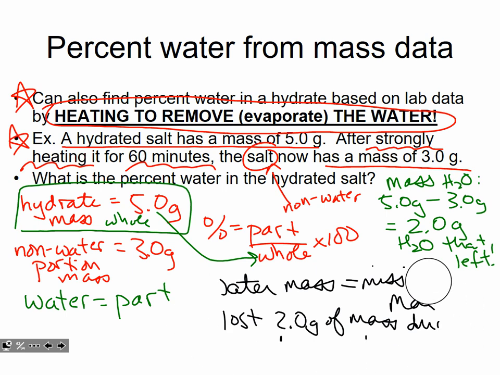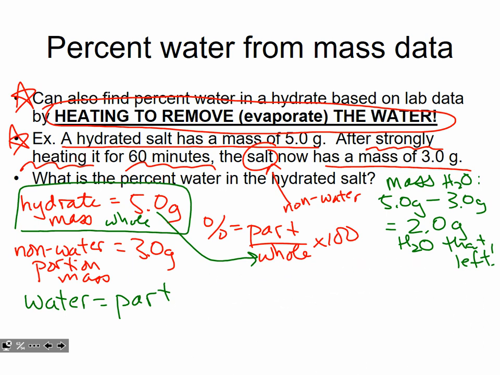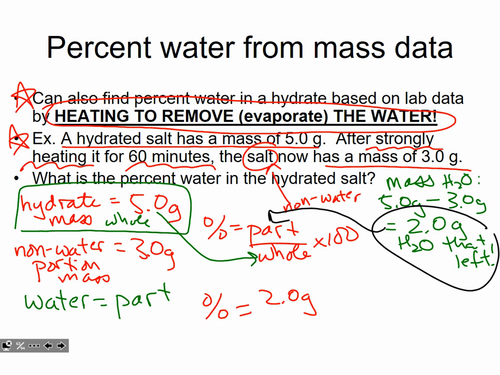I'm going to erase that again, because we can now plug in this value for our part in our percent composition. So our percent water in the hydrate is going to be the 2 grams of the water that evaporated, divided by the 5 grams that we started with, times 100, which gives us an overall percent of 40% water.